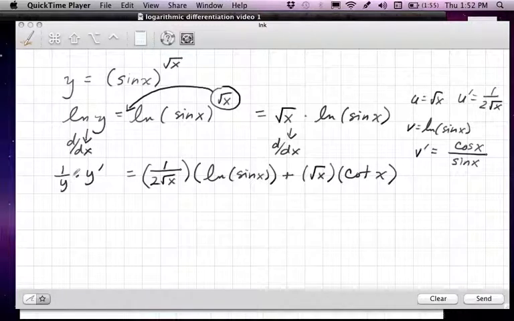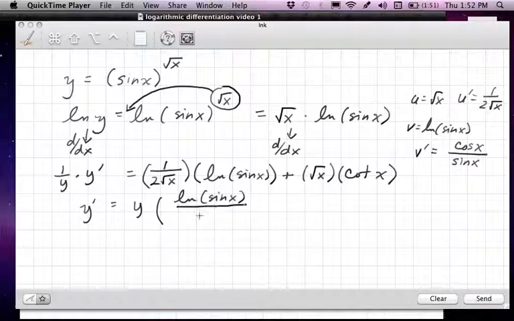My last step is to multiply both sides by y. So y prime is y times, and I'm going to clean this up, ln of sine x all over 2 root x plus square root of x cotangent x.